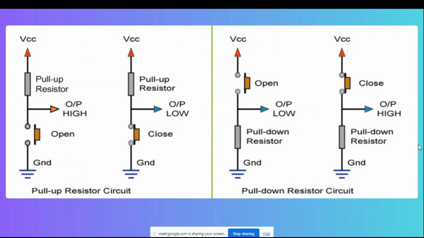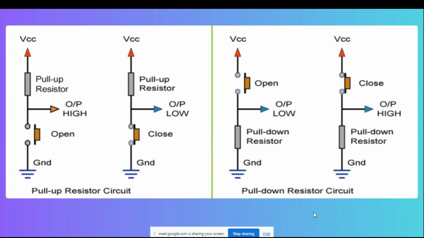And when the button is pressed, its digital state becomes low or zero. The pull down push buttons have the same condition in the opposite way. That means when the button is not pressed, the output state of the push button is low. When the button is pressed, output state is high. In the pull up, when the button is not pressed, it is high. When it is pressed, it is low. In pull down, it is opposite.